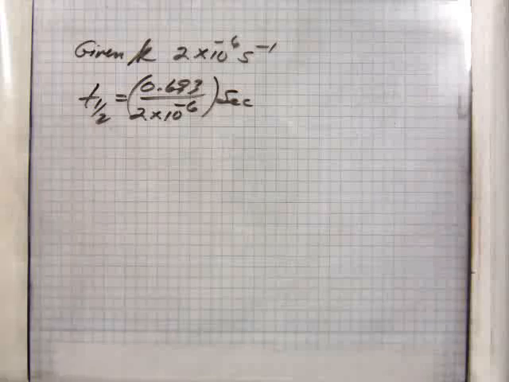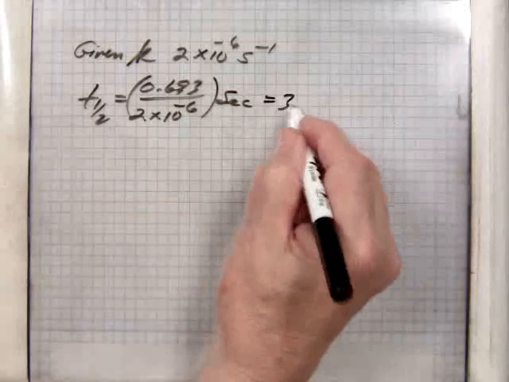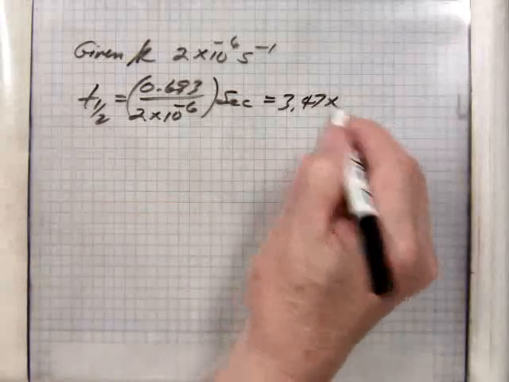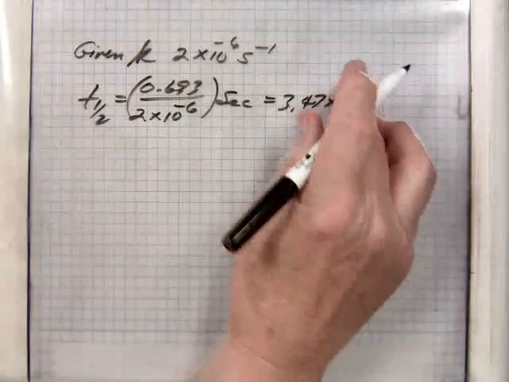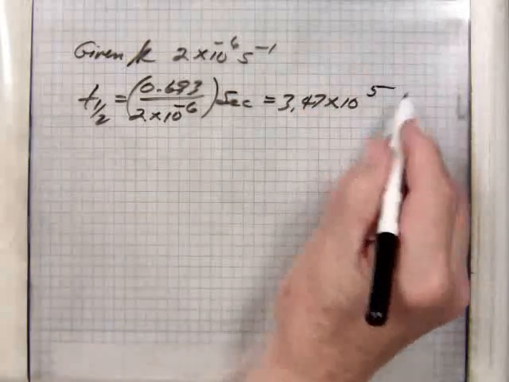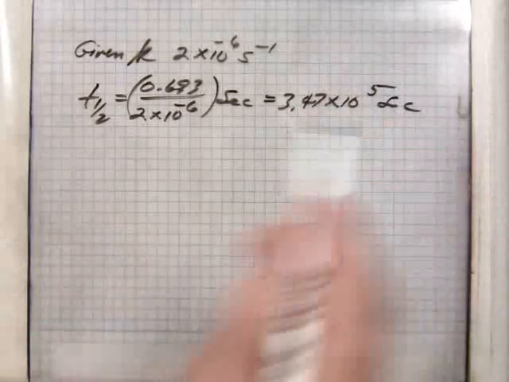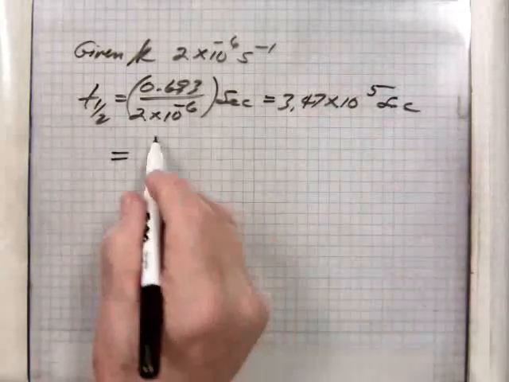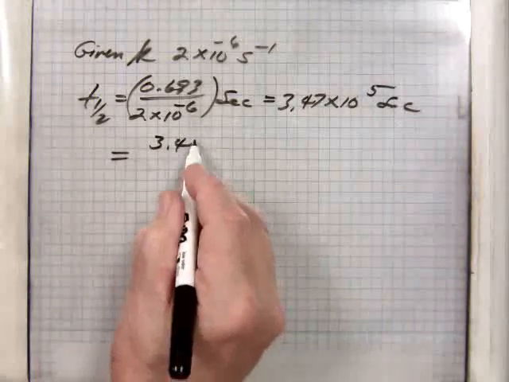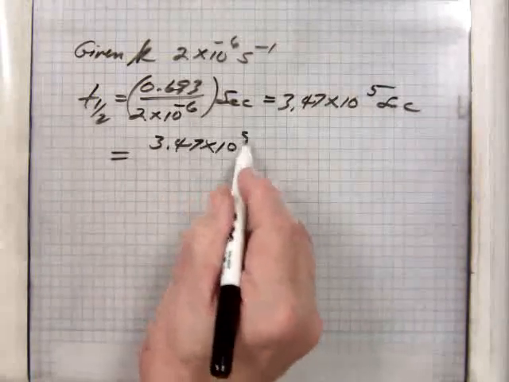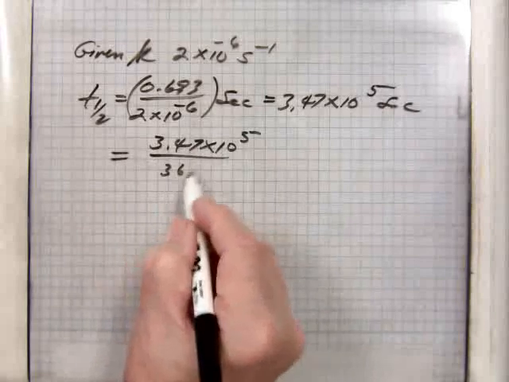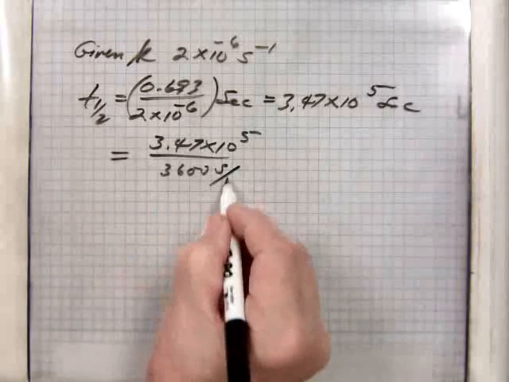And so I got 3.47 times 10 to the plus 5 seconds. And if they need it in hours, that's equal to 3.47 times 10 to the 5th over 3,600 seconds per hour.